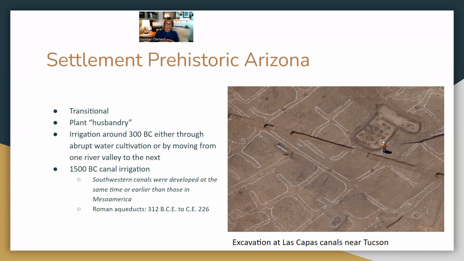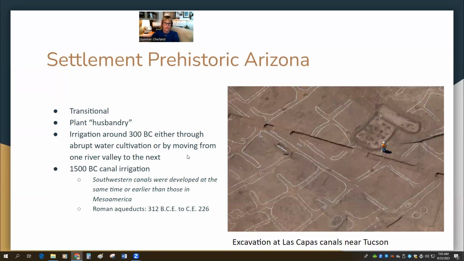So southwestern canals were developed at the same time or earlier than those in Mesoamerica. So remember I said, as we get closer to BC, as we get closer to that common era, this is when they're kind of moving around. But if you go even further back in time, you start to see that canal irrigation was actually developed around the same time, if not earlier than the Roman Empire.